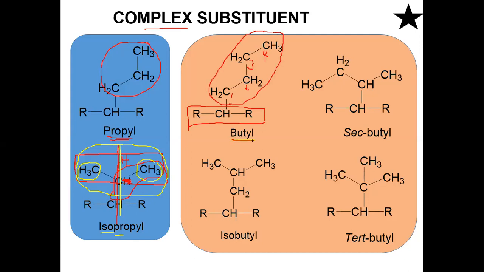So this is a butyl. No problem. So let's say lah butyl ni dia tak nak cabang dekat karbon pertama. Dia nak cabang kat karbon kedua pula. So karbon 1, karbon 2, karbon 3, karbon 4. So the substituents ni is attached at carbon 2. It still have 4 carbons, but it attached at carbon 2. This attached at carbon 1. This attached at carbon 2.